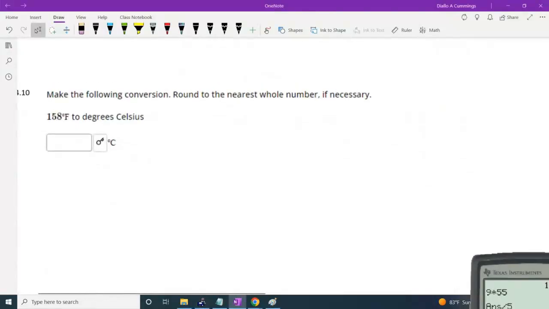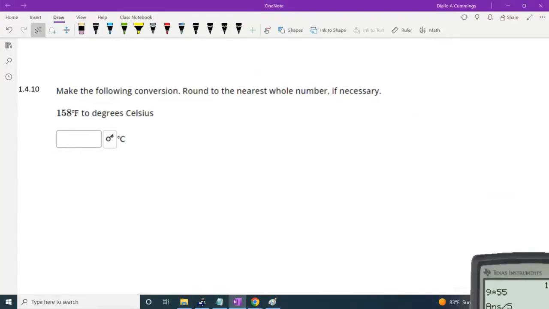The second one asks to find Celsius if given Fahrenheit. So I'm just going to rewrite the formula. So C is equal to 5/9 F minus 32. Now you might see this formula written a few ways depending upon where you're looking.